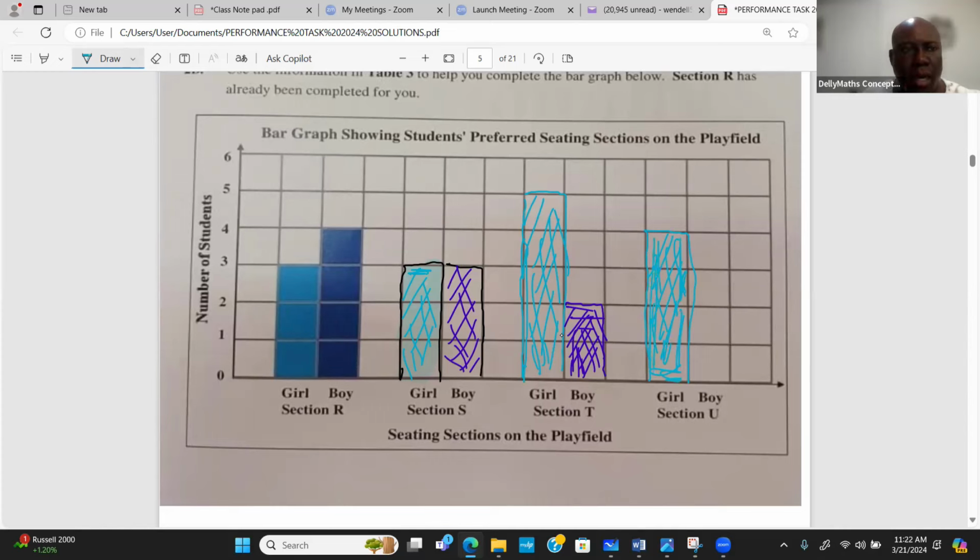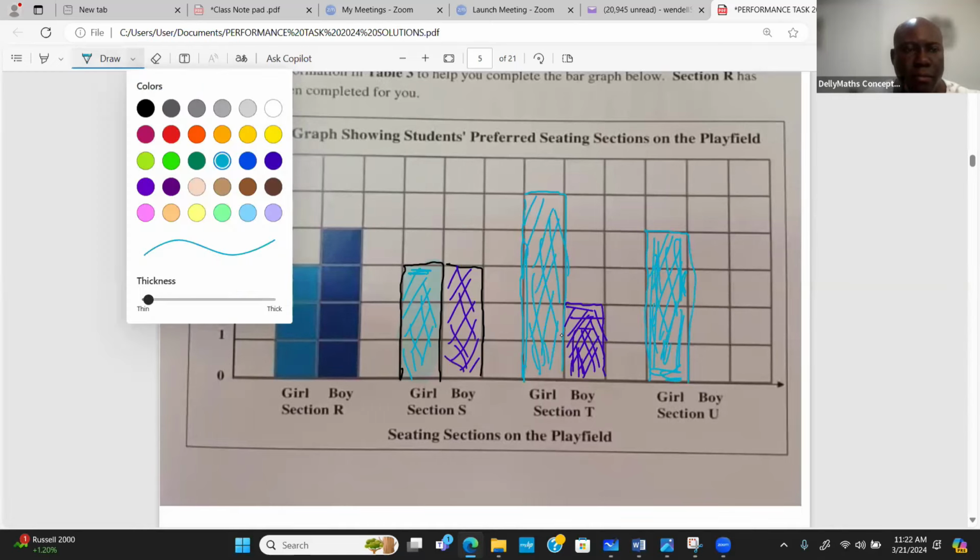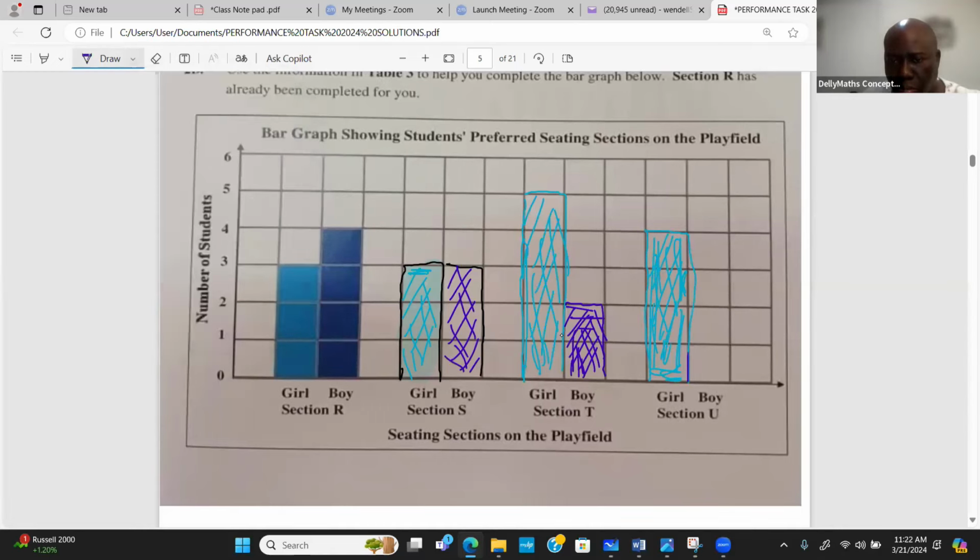All right. And 6 boys. All right, so you want to just draw this to represent the idea. That's my quick representation. So your graph should have looked like this, and you're good to go, right?